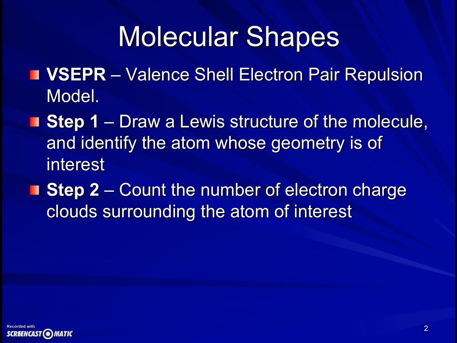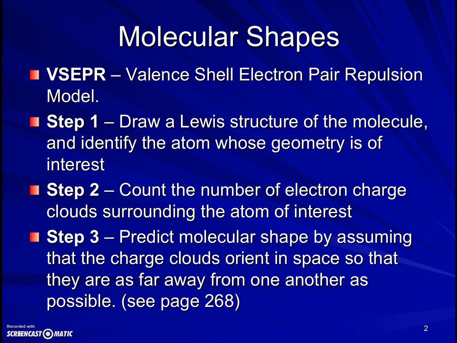A lone pair also counts as one charge cloud. If we count all of those charge clouds up and then look at how many of them are bonds to other atoms and how many are lone pairs, we can predict the shape that molecule is going to have.